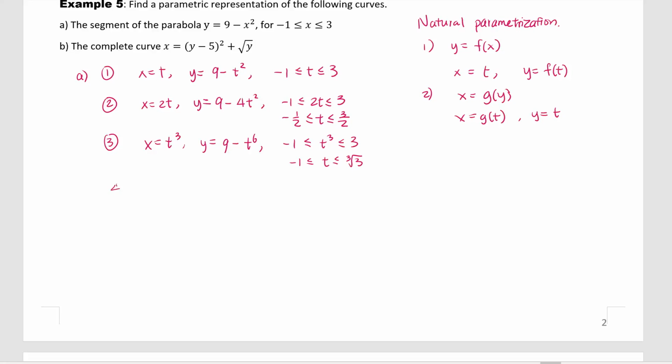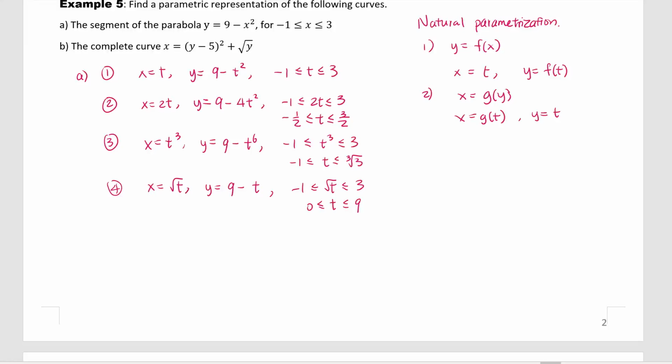How about if I try x equals square root of t? Then y is 9 minus square root of t squared, which is 9 minus t. But what happened? The square root of t is around 3, so t has to be bounded between 0 and 9.